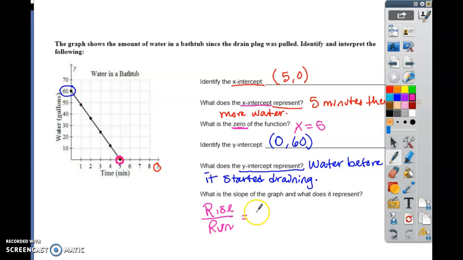So the water is decreasing per minute. Every minute. Okay, so now we're going to do the next one.